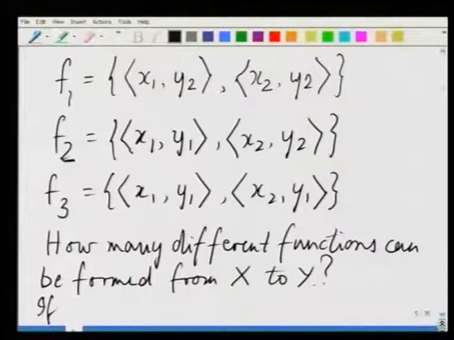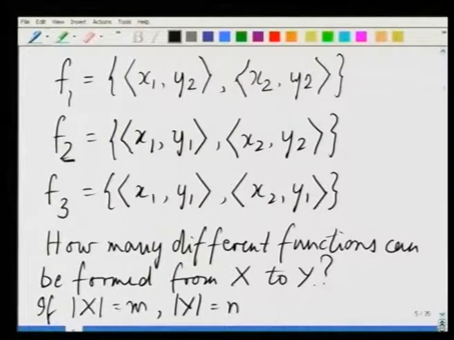More generally, if X has a certain number of elements, the notation for this is, if the number of elements of X equals m and the number of elements of Y equals n, then the same question as before, how many different functions can exist.